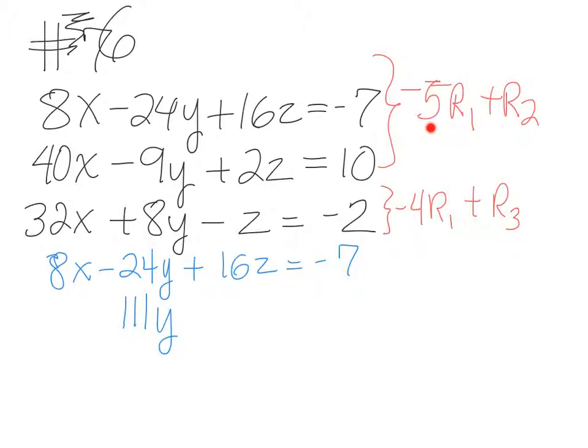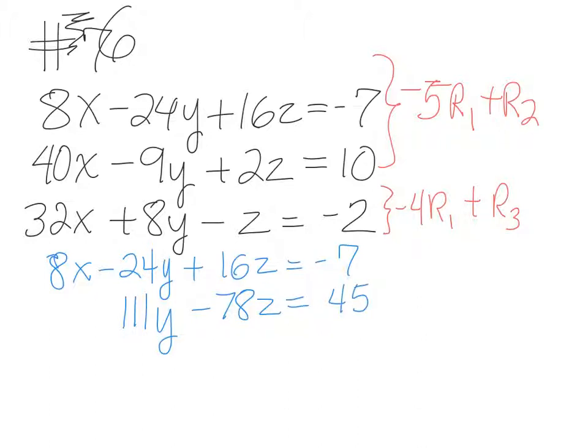Then negative 5 times 16 is 80, and then we add it to 2z. This is negative 80 plus 2, negative 78. Then negative 5 times negative 7 would be positive 35, and then plus 10 is positive 45. Great, okay. Now what about the third row?